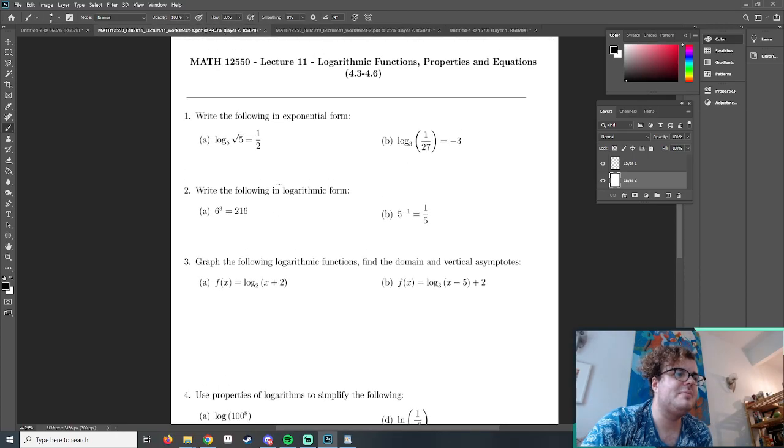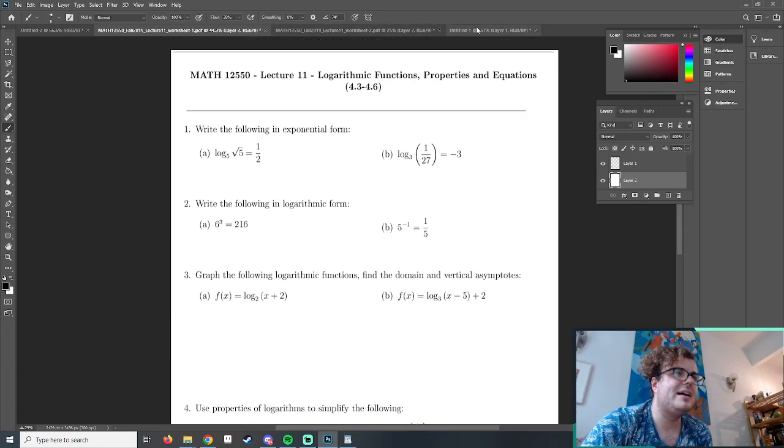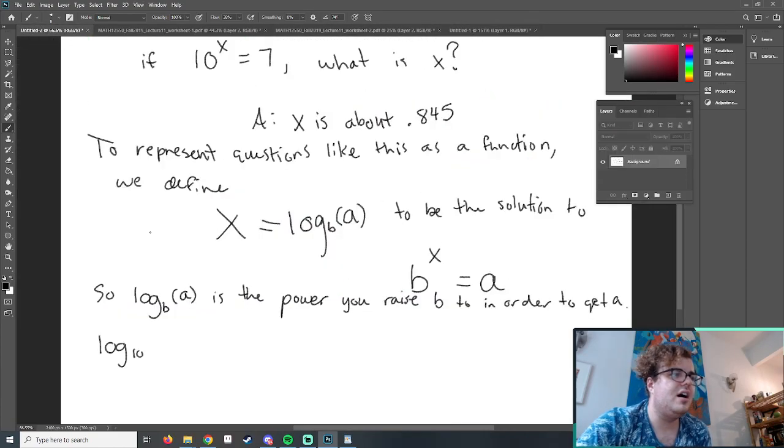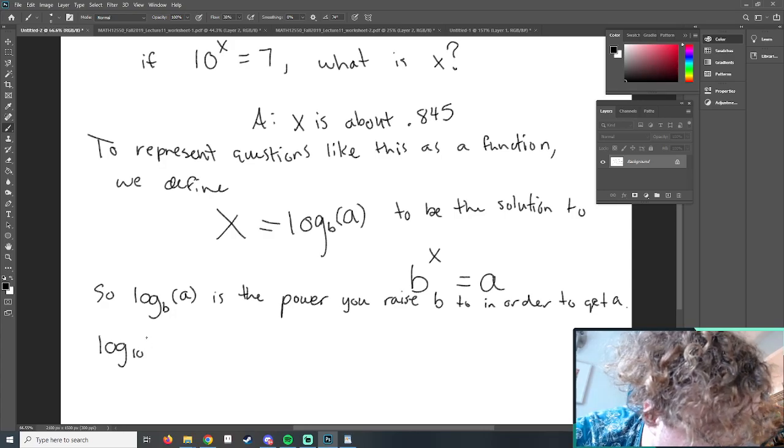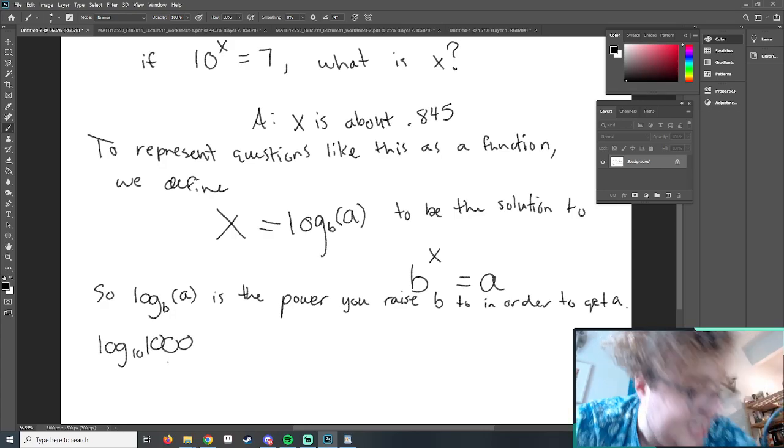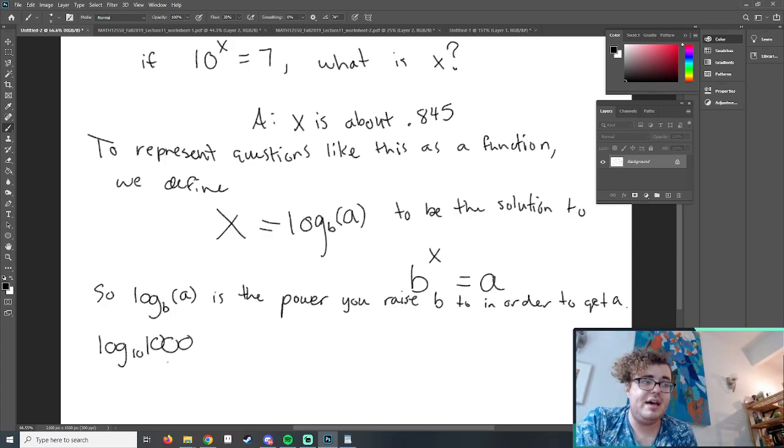Yeah, no, I like mine first. I'm going to give my example first. Log base 10 of 1000 is the number, the power that I would raise 10 to if I wanted to get 1000, right? Again, log base b of a is the power you raise b to in order to get a.